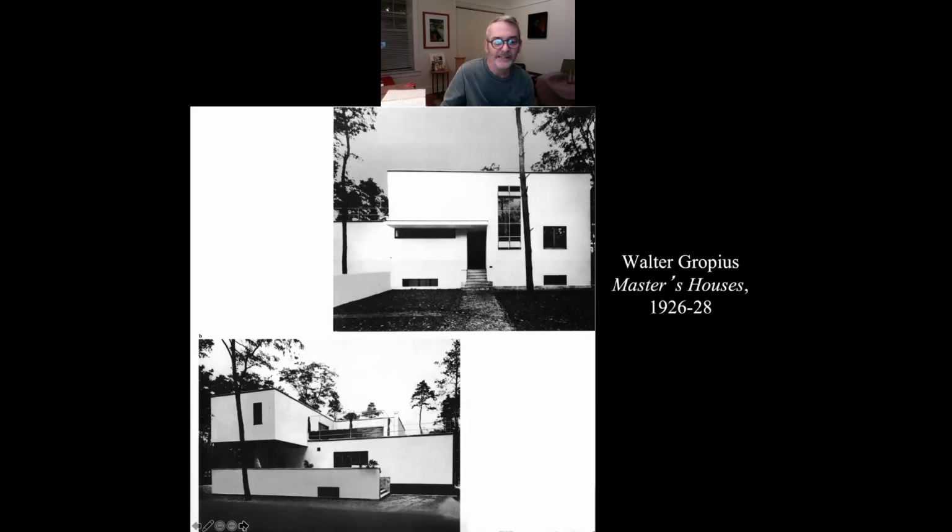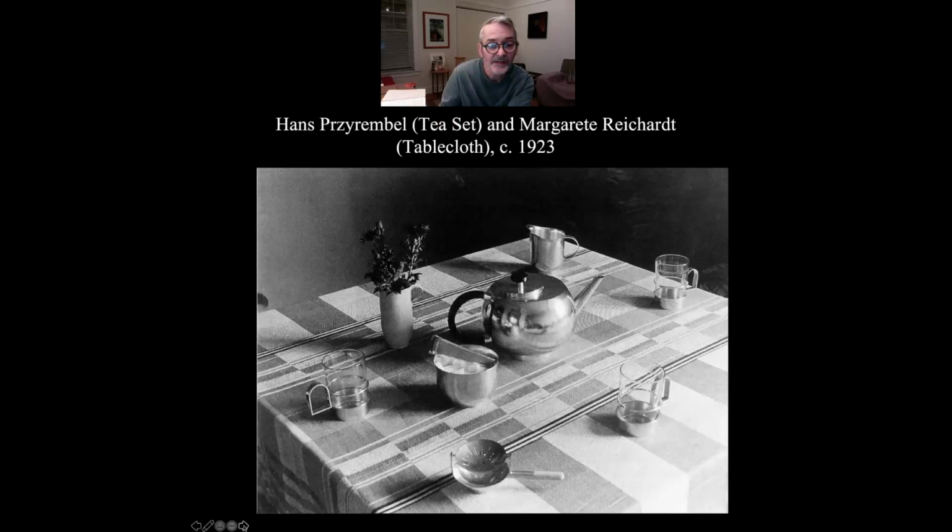So they kind of set the standard for what modern architecture looks like. It's rectangular, it looks like rectangular volumes. I mean, there's space inside, but pretty cool stuff.